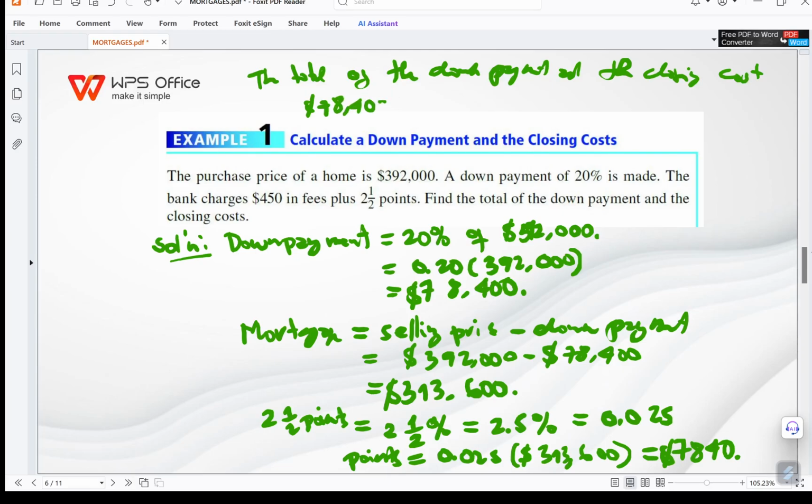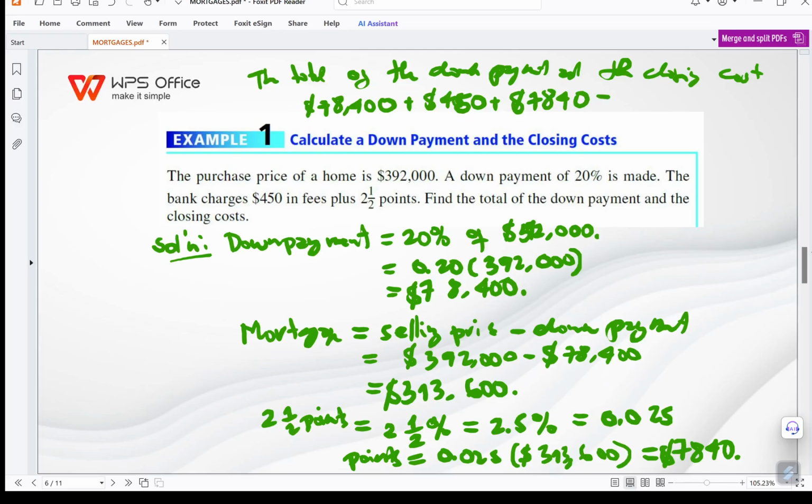So the down payment is 78,400, and then you add to it the charge the bank paid, which is 450. And then the points, okay, which is again the fee made by the bank for you, which is 7,840.